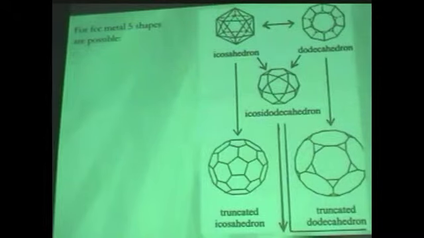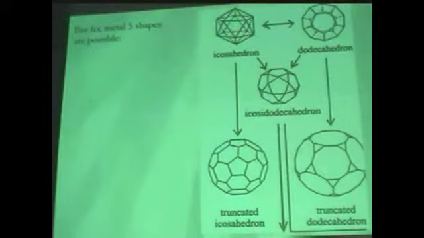Here I give you an example for a face-centered cubic metal which may present 5 different shapes, because we start from the icosahedron or dodecahedron, and by cutting the vertices of those polyhedra, we obtain the quasi-dodecahedron, truncated icosahedron or truncated dodecahedron.